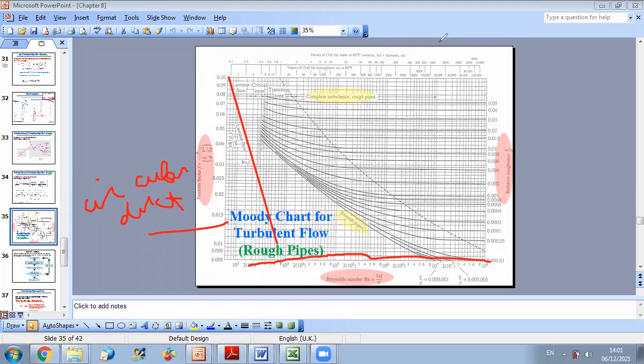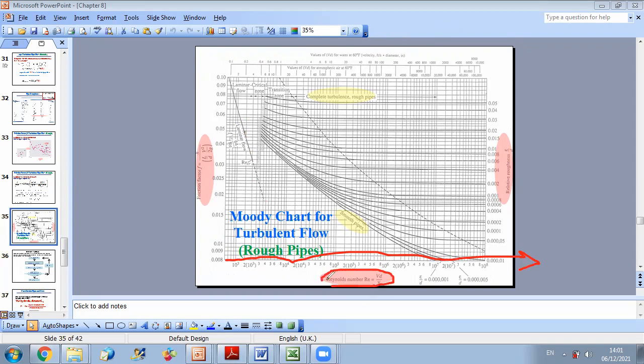As you can see, on the horizontal axis, the dimensionless number of interest is the Reynolds number. On the vertical axis, you have two parameters: the main vertical axis is the friction factor, and you also have different values of epsilon over d. So how can we use this chart?